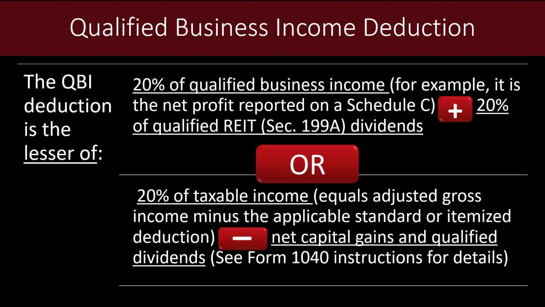Situation 1 is 20% of qualified business income plus 20% of qualified REIT, which means Real Estate Investment Trust dividends. Those are also called Section 199A dividends. So the business income for our clients is going to be flowing from Schedule C. And then those REIT dividends will be flowing from Form 1099 dividends.